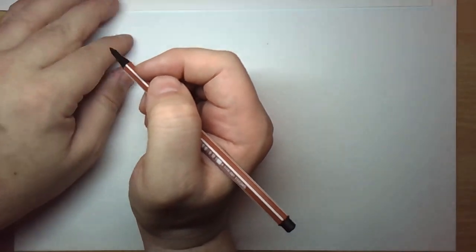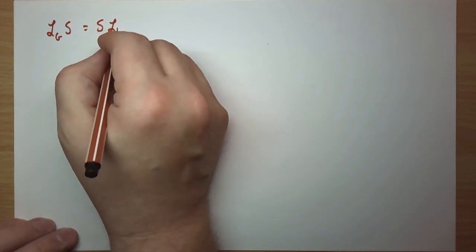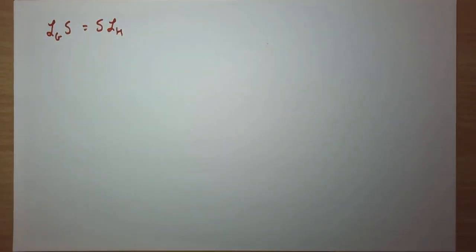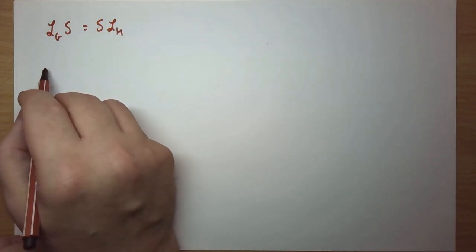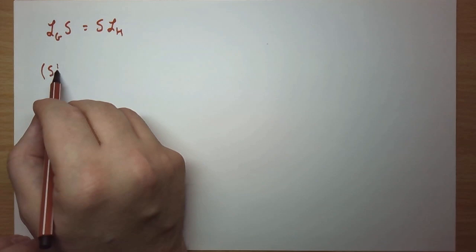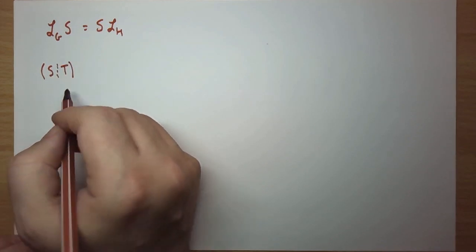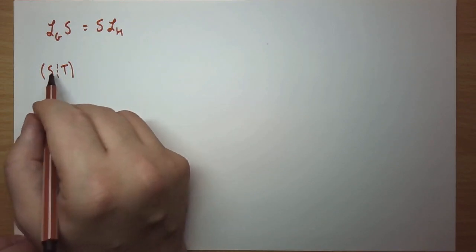So you might say, well, you have a problem here because we don't have an invertible matrix. So you know that L_G times S is S L_H. And so you say, okay, what can we do? Well, the answer is we make it a square matrix. So how do you make something into a square matrix? Well, you take S and you say, this is great, and you add in more columns, just some orthonormal columns.